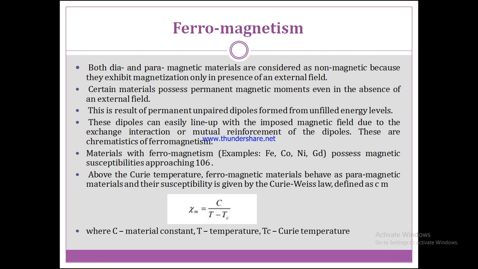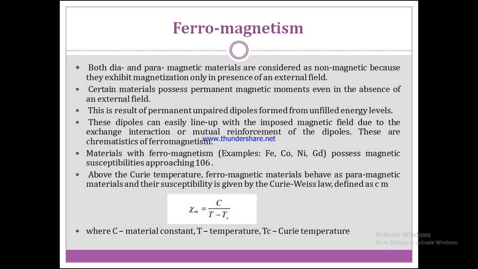Both diamagnetic and paramagnetic materials are considered non-magnetic because they exhibit magnetization only in the presence of an external field. Certain materials possess permanent magnetic moments even in the absence of an external field.